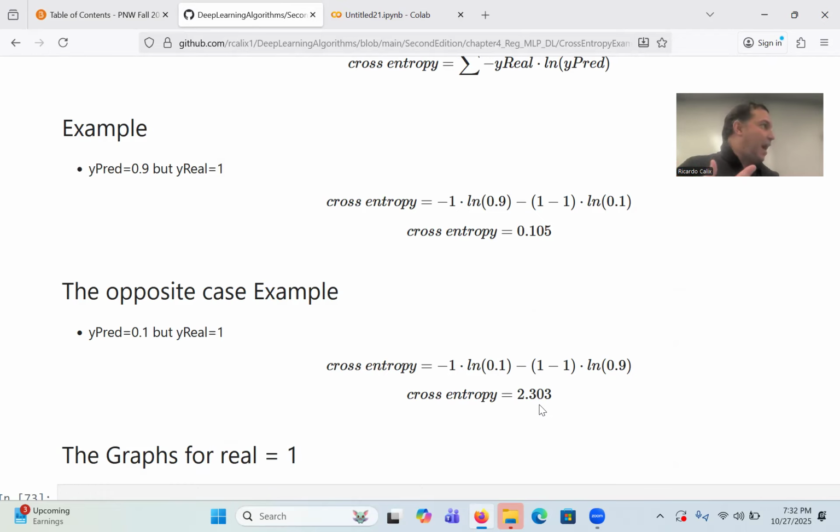So you can see how, because our goal is to minimize cross entropy, what's going to happen? The model is going to start like this, but it's going to do whatever it can during iteration, thanks to stochastic gradient descent, to minimize from 2.3 to 0.10.